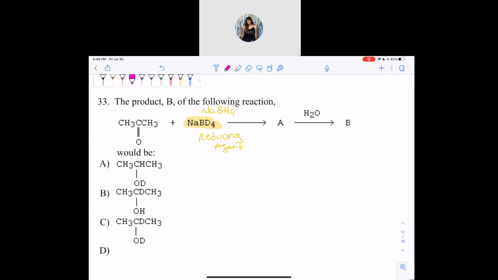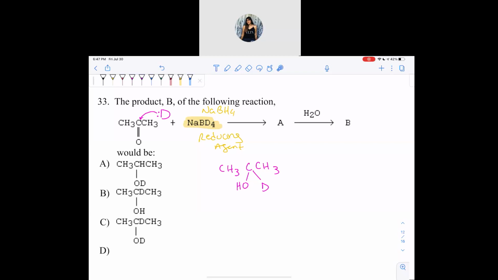So D will attack here, and so we get CH3, CHOH, D, CH3. Because this O minus is going to take a hydrogen from H2O, and the deuterium will be added to this carbon in order to reduce the carbonyl.